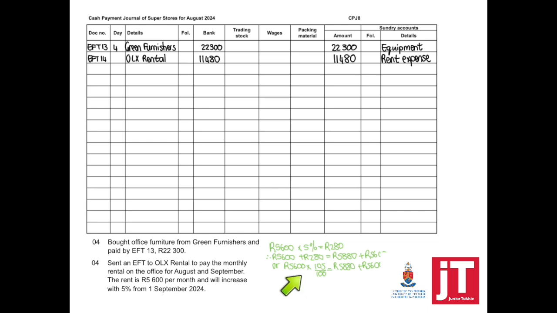Or you can take a quicker road by saying 100% is the original amount plus 5% increase, which means I'm going to times it by 105%. It gives you the answer that you're looking for. What is the rent after the increase? And then I just add the 5,600 to get to the same answer, 11,480.